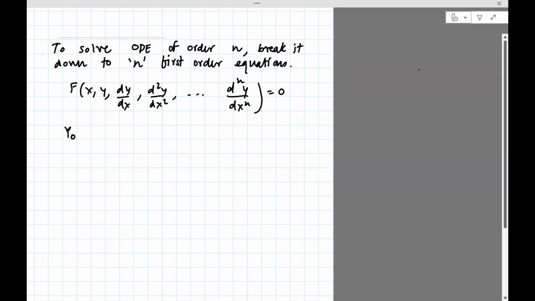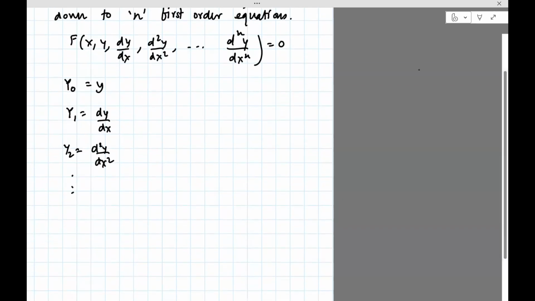Let's call them Y with an uppercase Y. So let's call Y0 equals y, Y1 equals dy/dx, Y2 equals d²y/dx², and so on till we reach Yn equals dⁿy/dxⁿ.